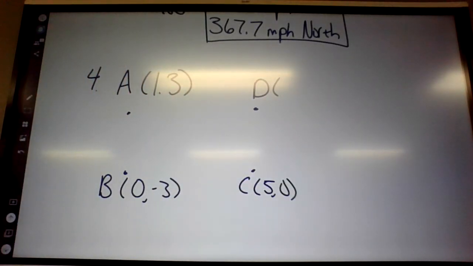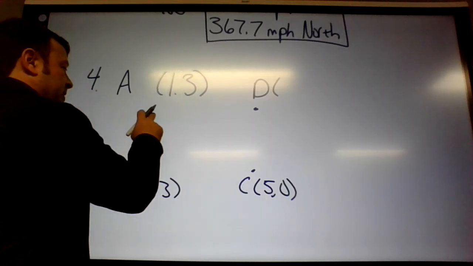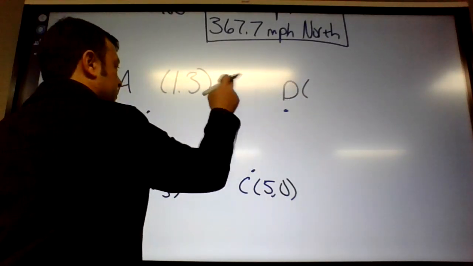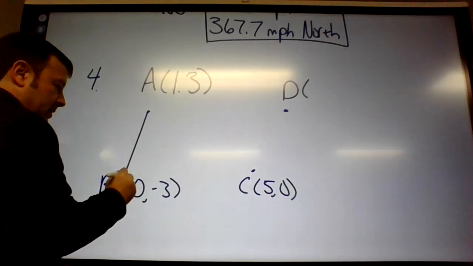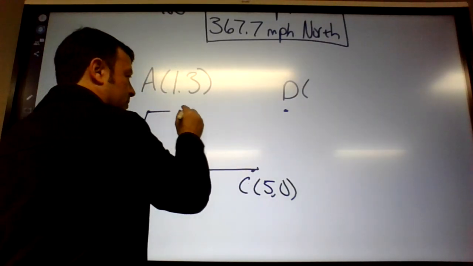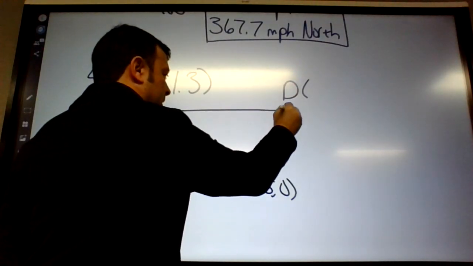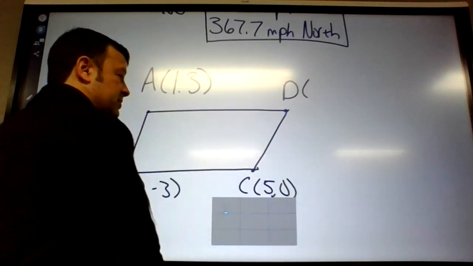What we know is that this is supposed to be a parallelogram. So it might be a little more like this, slanted, but it doesn't really matter. How could we find the coordinates of D?